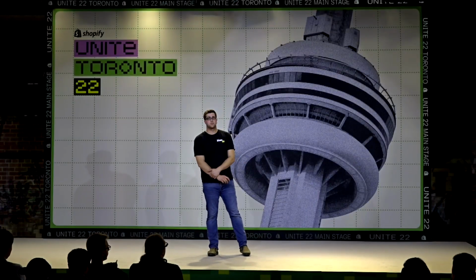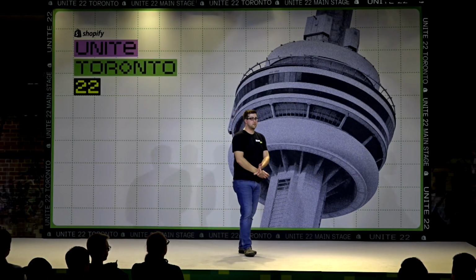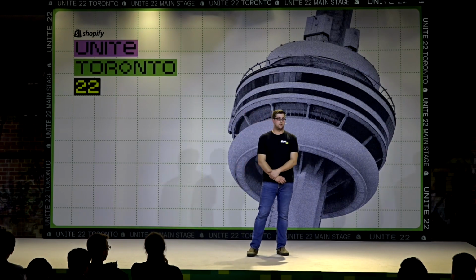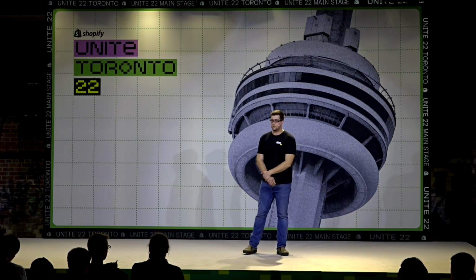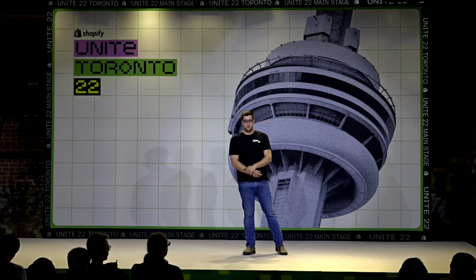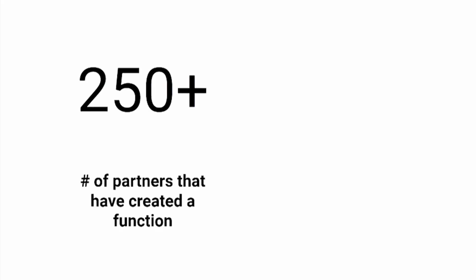All right, so adoption so far. It's only been a few weeks since functions came out, and since we did the first stop in London a few weeks ago. And it's been pretty good so far. It's been pretty encouraging numbers. I want to share a few with you all. So far over 250 partners have created at least one function.